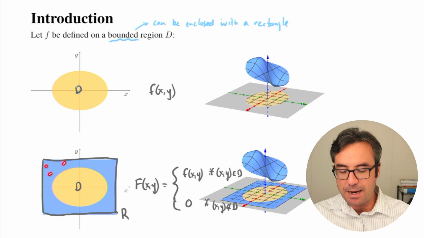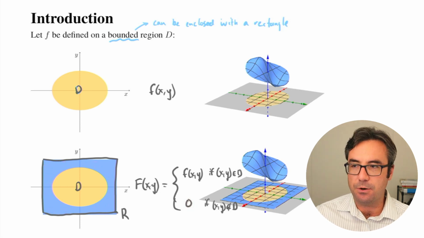If we pick any point outside of region D, then the value is 0.